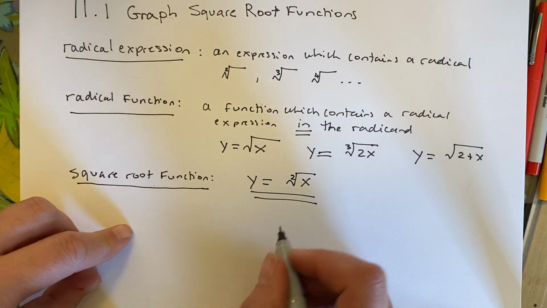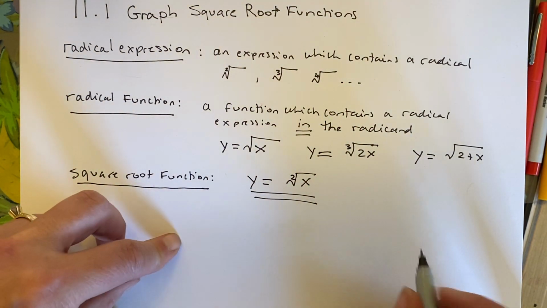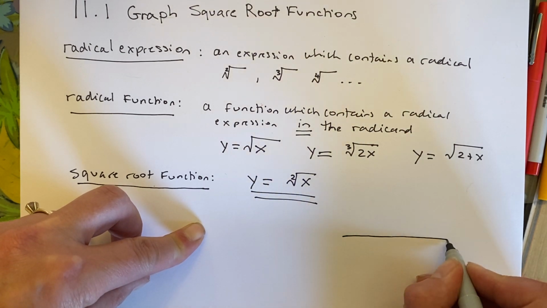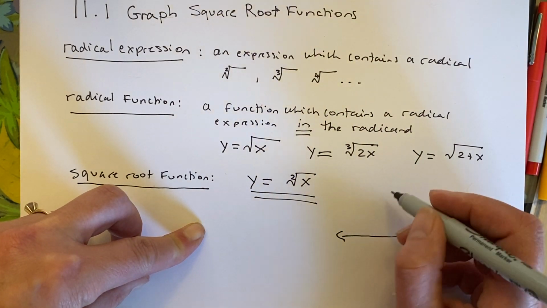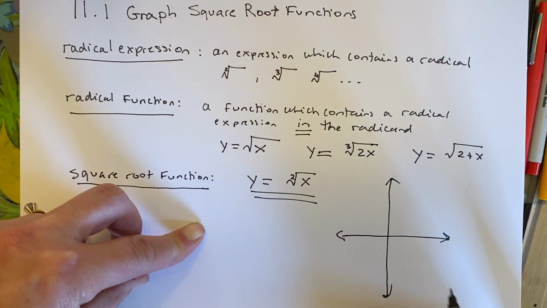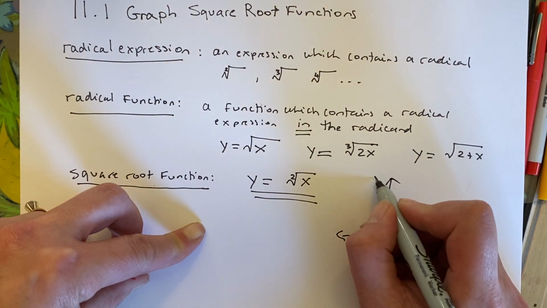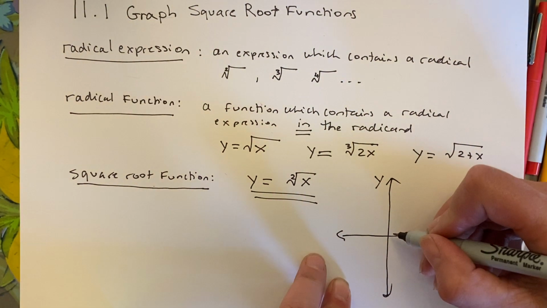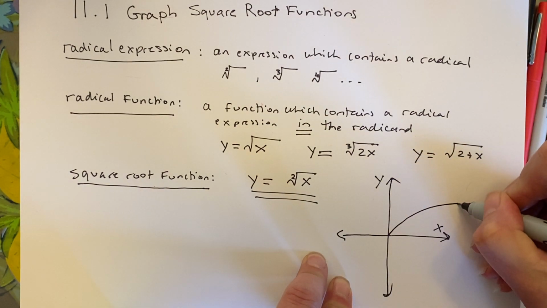I have given you a link to some Khan Academy videos that introduce you to square root functions and are fantastic, because they go back to parabolas and connect them to square root functions.